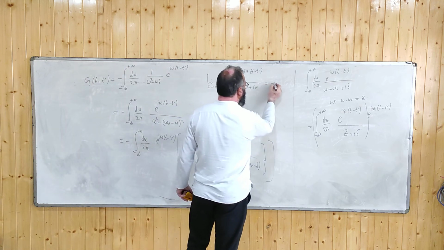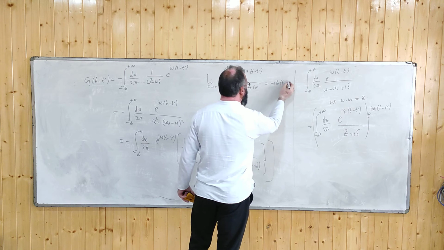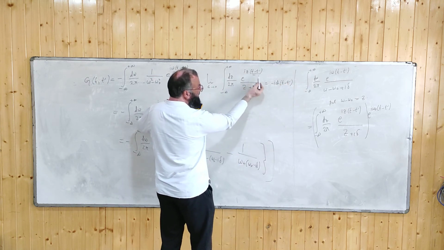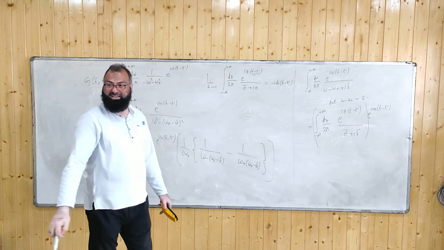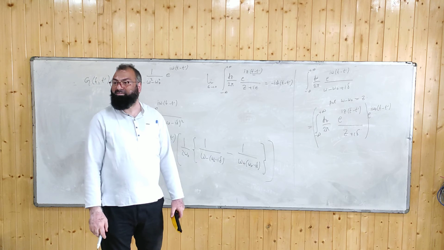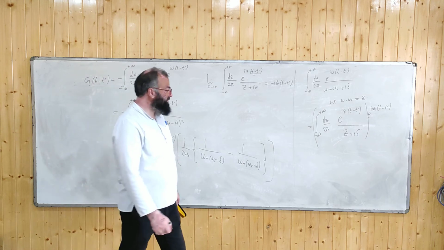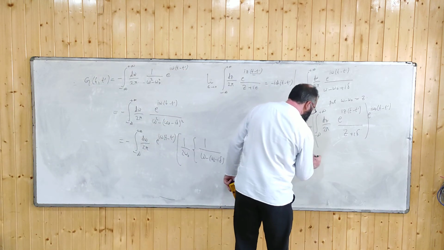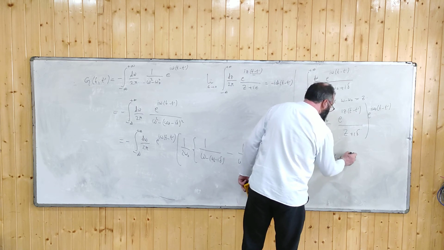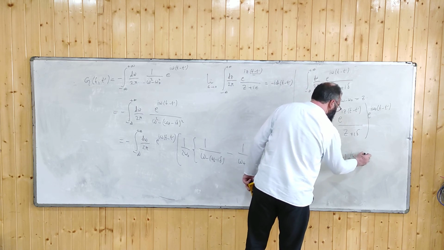It is equal to minus i theta (t minus t prime). Whatever the object is here, you put a theta function. So this object is simply minus i theta (t minus t prime) e raised to the power i omega naught (t minus t prime).